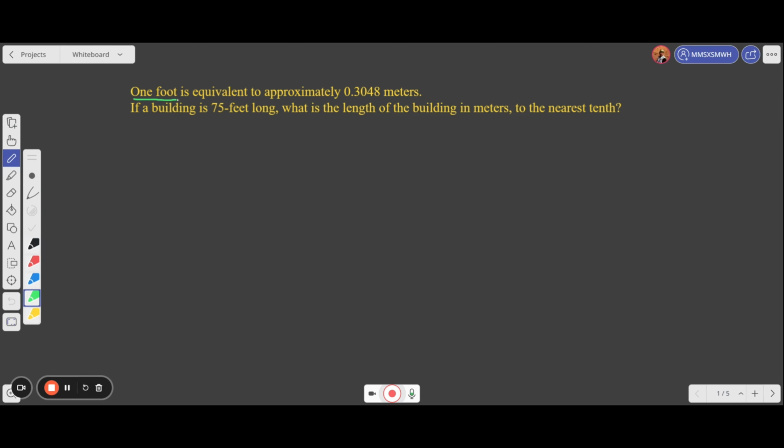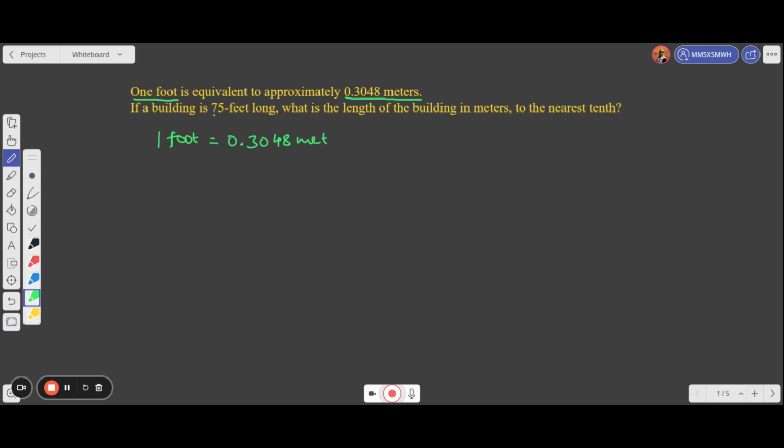I see that 1 foot is equivalent to approximately 0.3048 meters. So let me copy this. 1 foot is equal to 0.3048 meters.